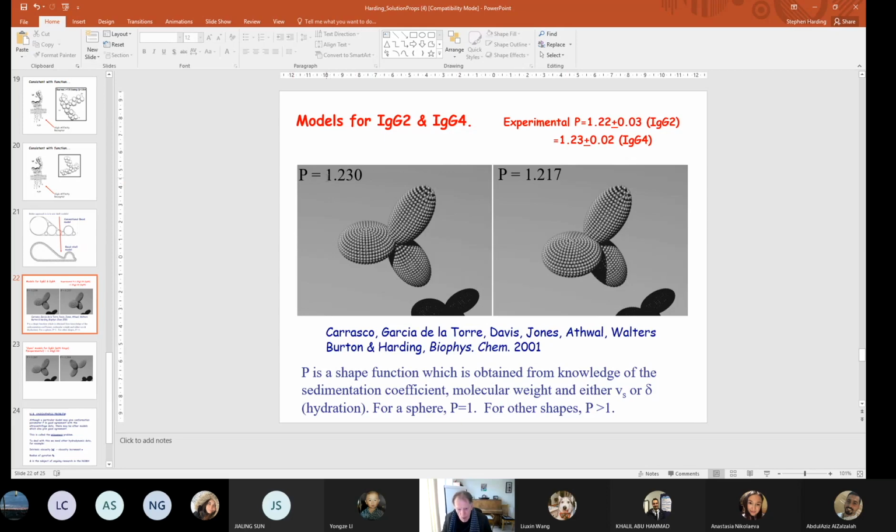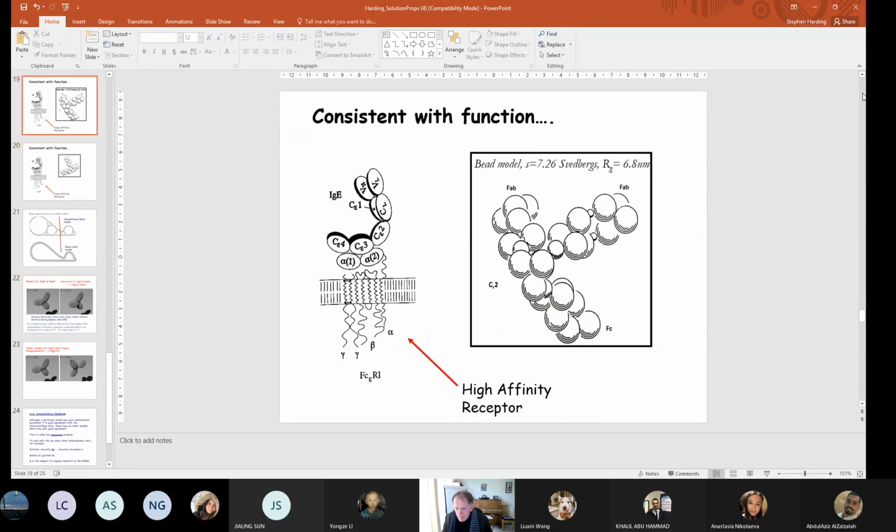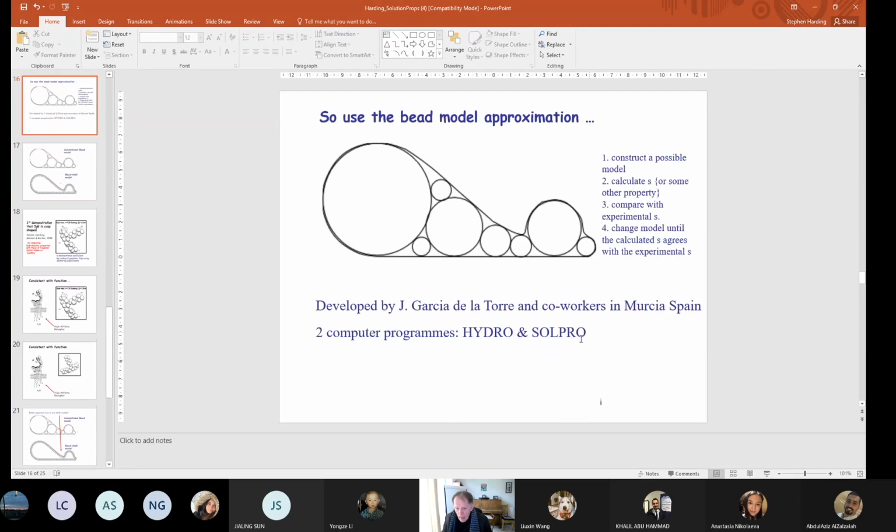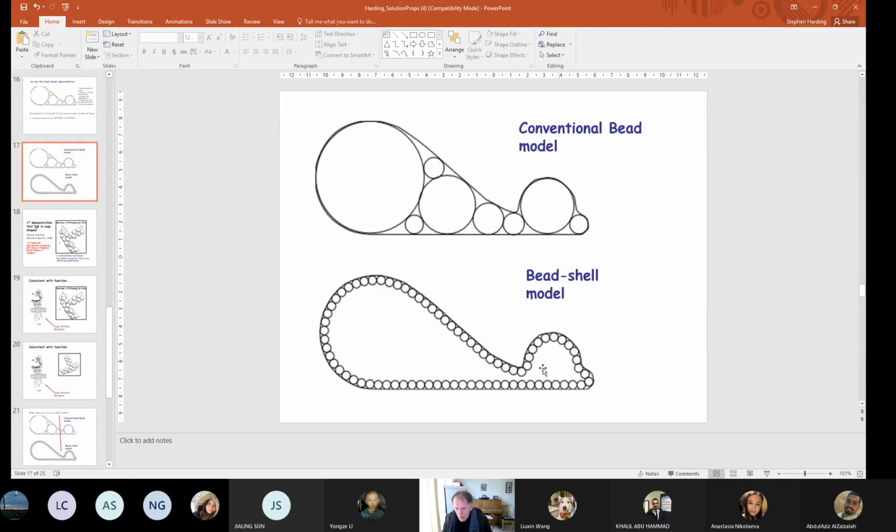But we can create models of the arrangement of the FC and Fab domains and use those programs I mentioned before, which were Hydro and Solpro.